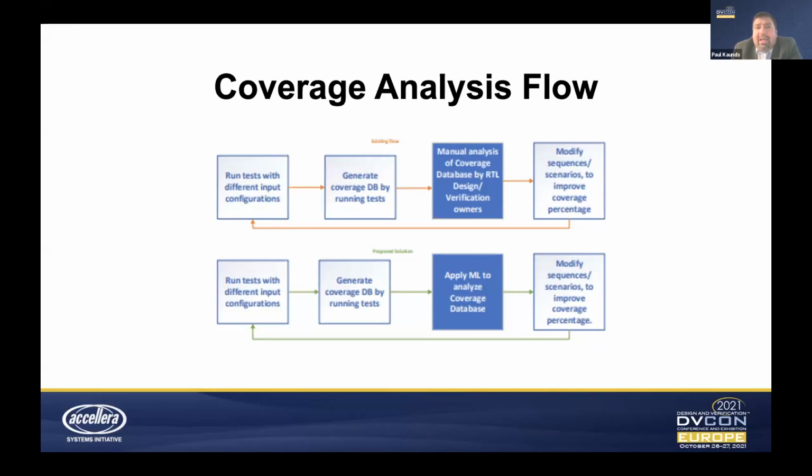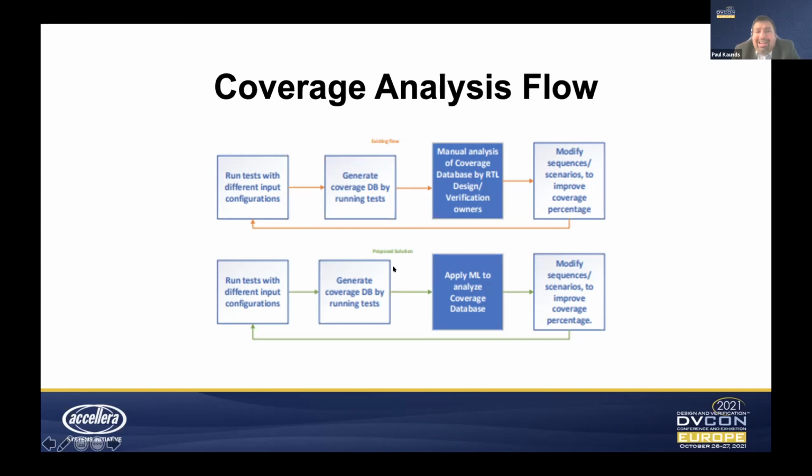And then normally you end up modifying the sequences, modifying the scenarios, correcting the functional coverage model itself sometimes, or correcting the verification plan itself sometimes. Sometimes it also leads to the finding that certain things are not achievable in this particular verification environment, and so we end up modifying in different ways. Maybe we may be modifying the spec also sometimes. We may be modifying the verification plan, verification strategy, or certain things can be done later. But these are all done in the existing flow by manual analysis of the coverage.